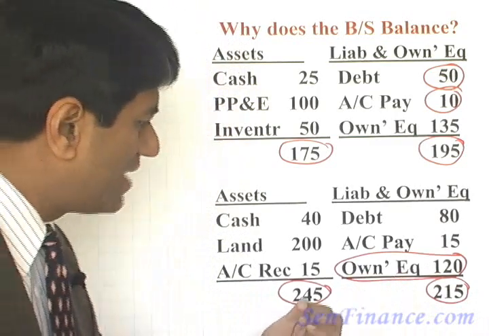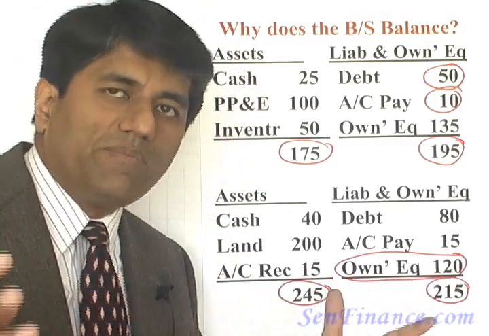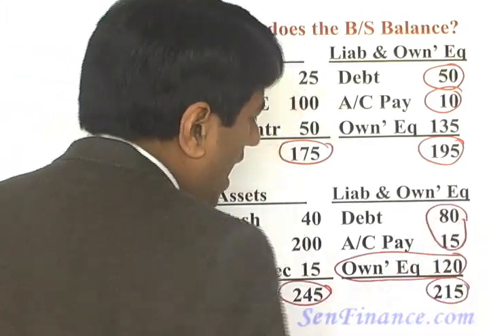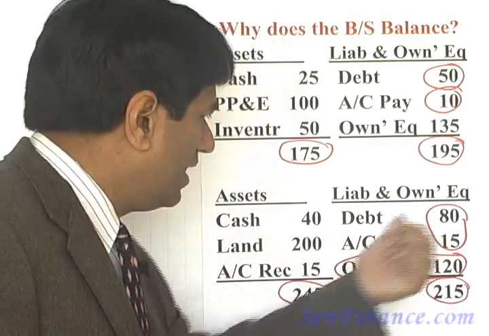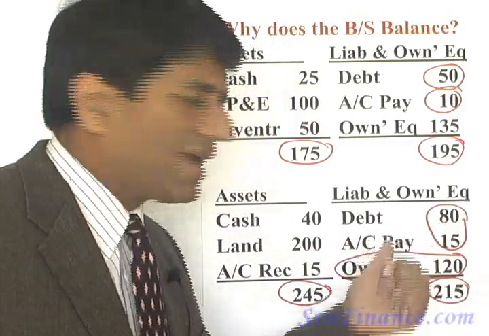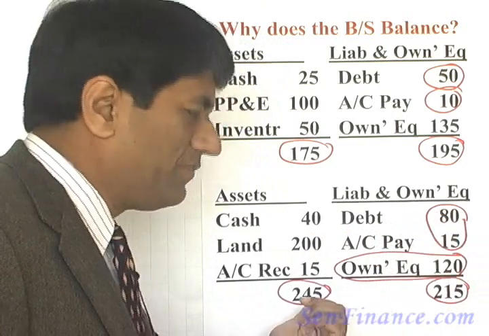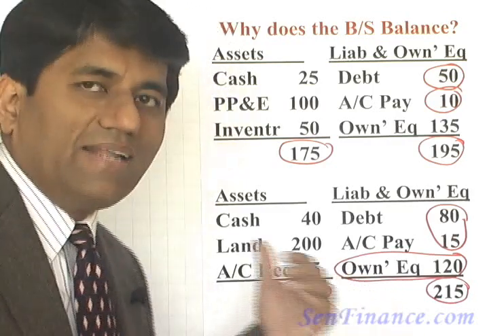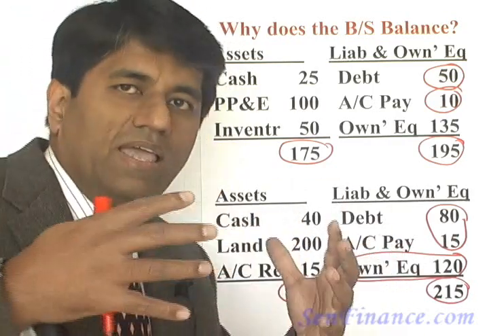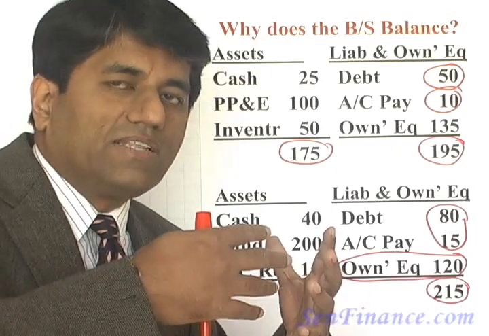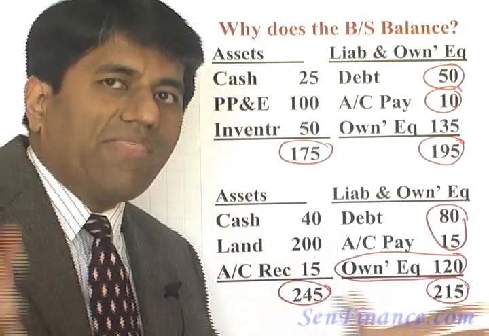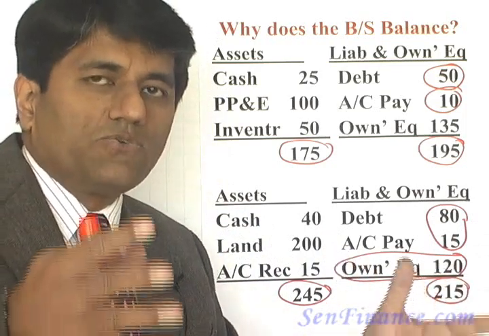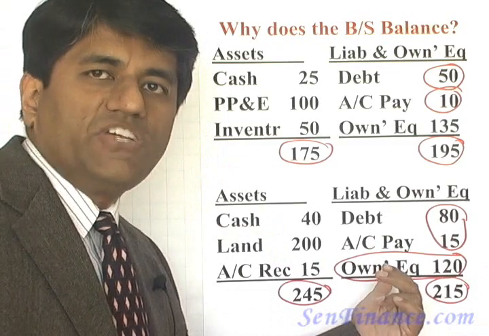So it can't be that the value of the firm is 245, the value of liability, that is debt and accounts payable, is 95, so you subtract 95 from 245 and you get 150. That is the residual, right? That is the amount which is left in the firm after the liabilities have been paid, and that residual claim is what is the value to the owner, the shareholders.